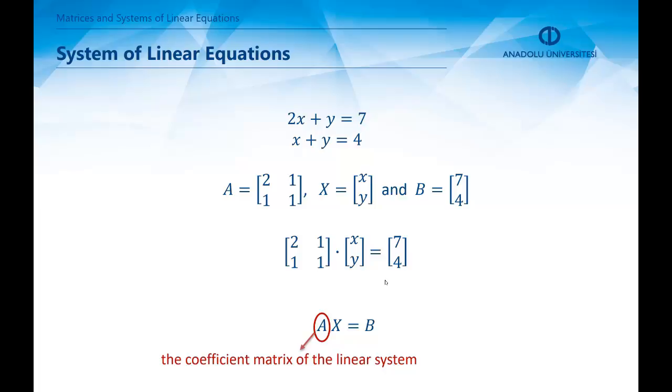So I get 2, 1, 1, 1 times x, y equals 7, 4, or in short, A times X equals B. As I said, A corresponds to the coefficient matrix of the system of equations. Capital X denotes the unknown matrix, in this case a column matrix, and B denotes a constant matrix, which is the right-hand side of our linear equations.